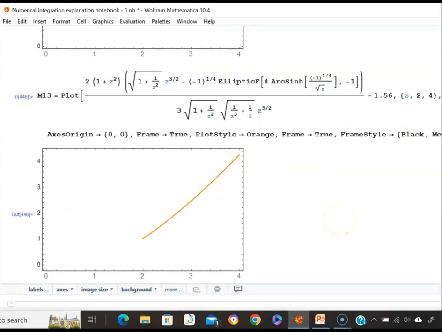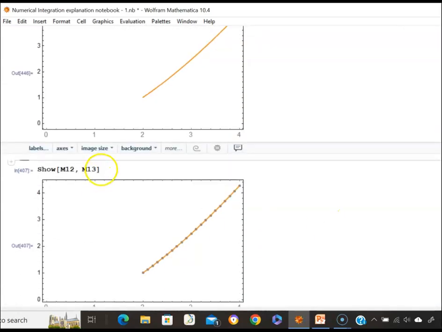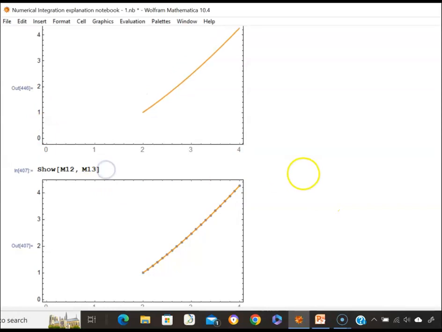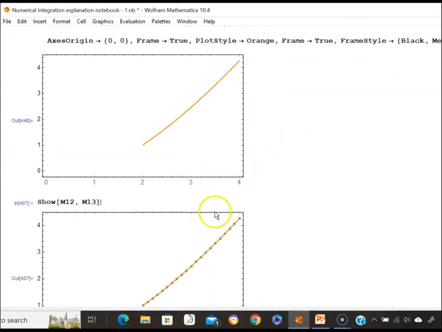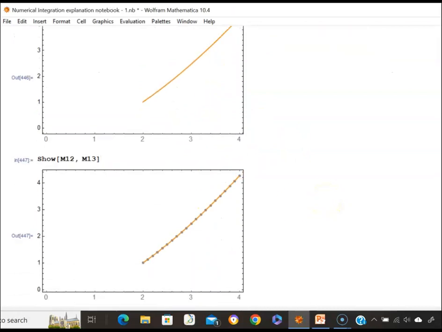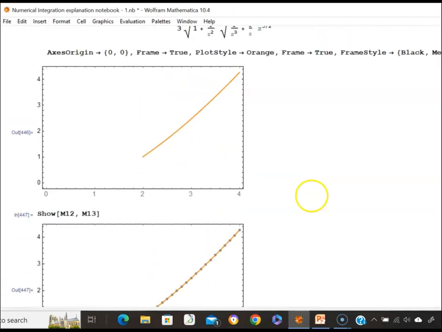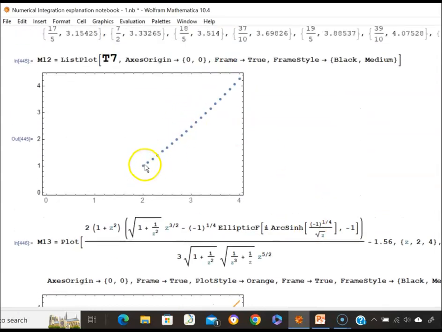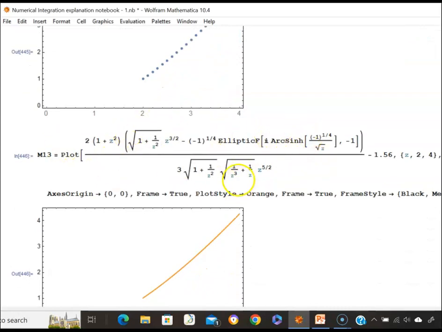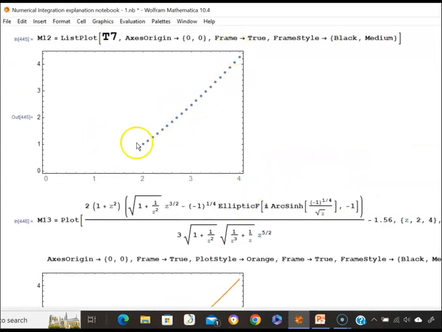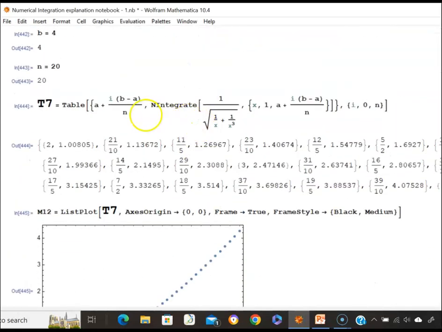There it is. That analytic solution I wasn't able to find for quite a while. I kept trying, but eventually it did work. Now I'm plotting them together, so I can be confident that this numerically obtained solution is correct. But even if I wasn't able to find this, given what's happened before, I could still be content that this is correct.